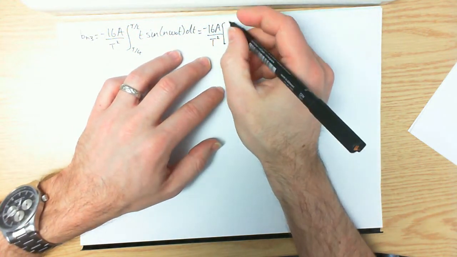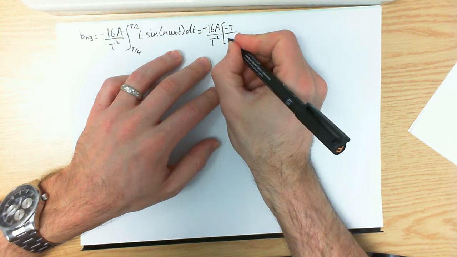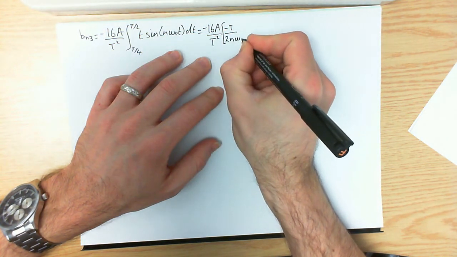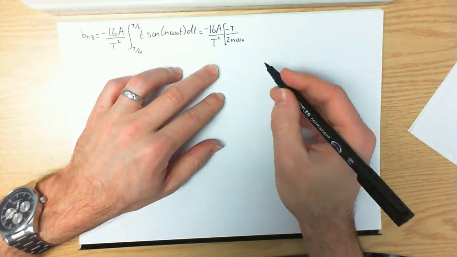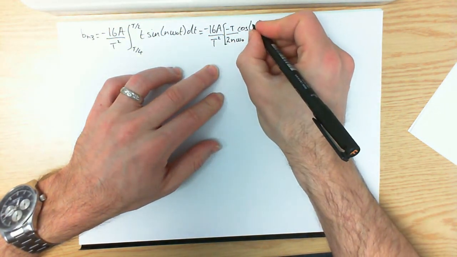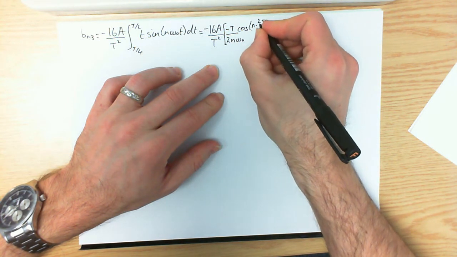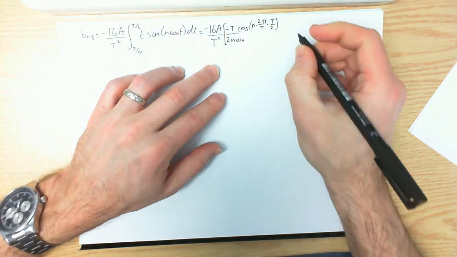So using the integration by parts, what do we get? We get minus T over 2 n omega naught, because for the first limit, cos of n times 2 pi over T times T over 2.